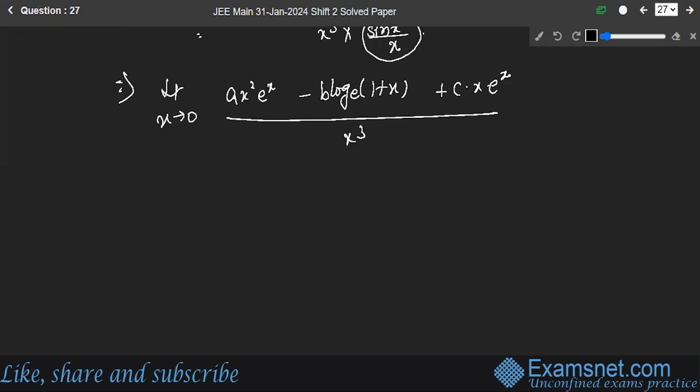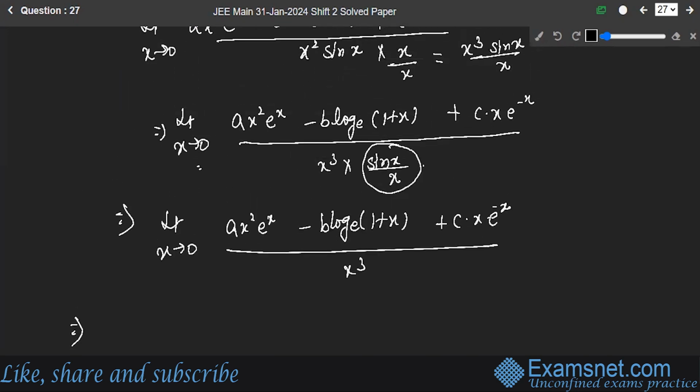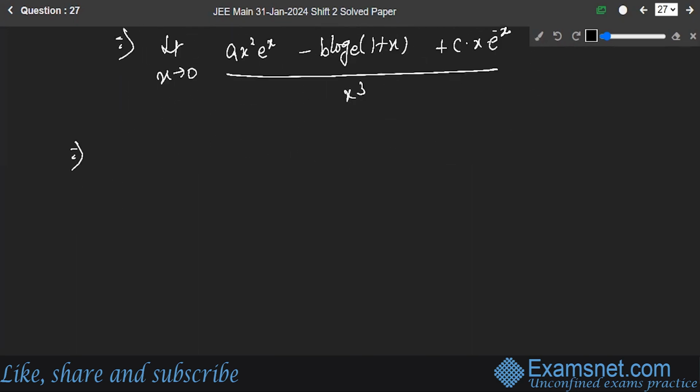Now let's open up e power x, 1 plus log 1 plus x, and e power minus x over here.